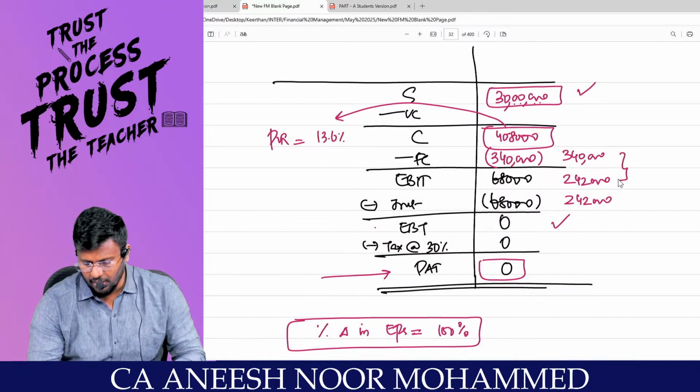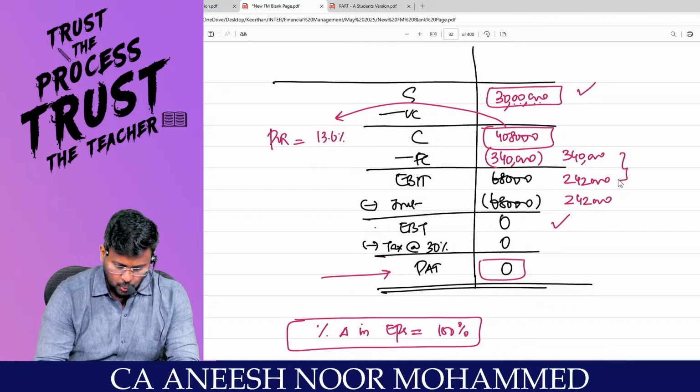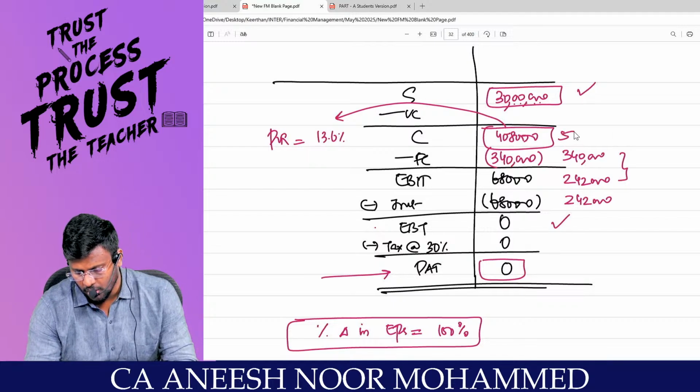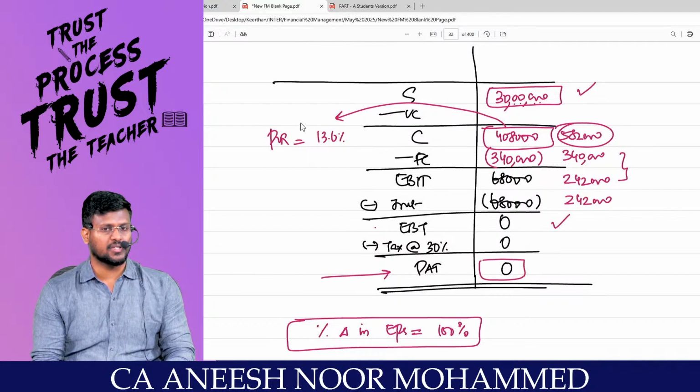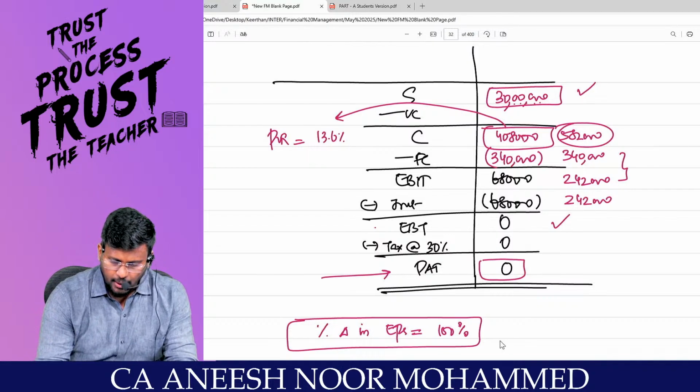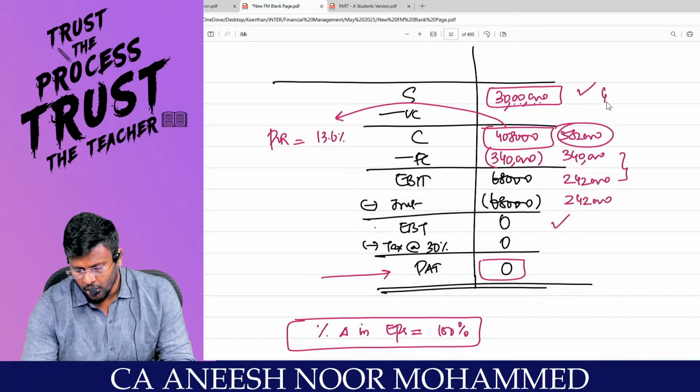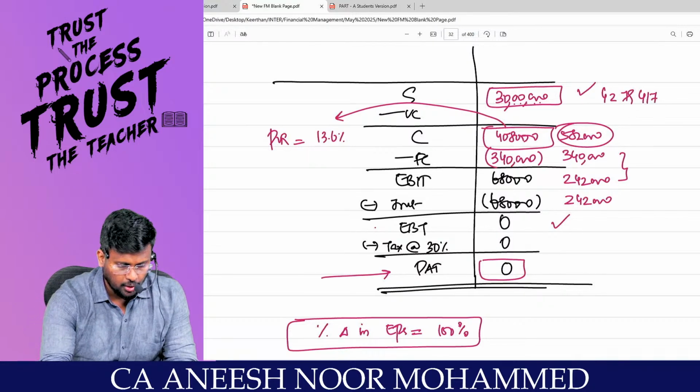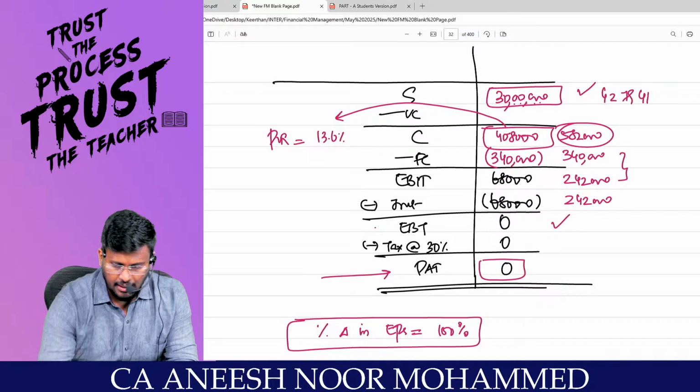So 3,40,000 plus 2,42,000 comes to 5,82,000. This should be equal to 13.6%. So 5,82,000 divided by 13.6% comes to 42,79,412, which will be the sales.